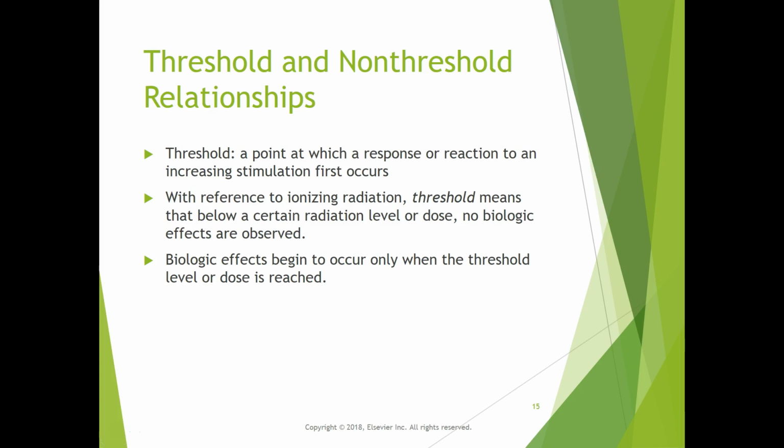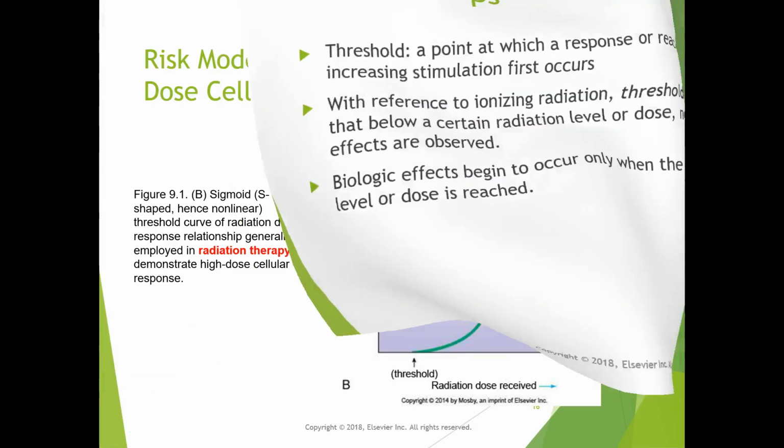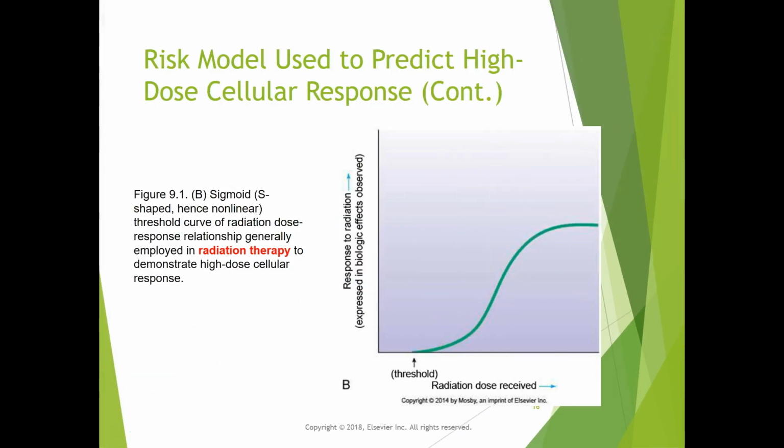Okay, the threshold means, in reference to ionizing radiation, that a certain radiation level or dose can be absorbed and no biological effect is observed. Okay, the next curve that we're going to be looking at is the sigmoid or S-shaped nonlinear curve. It does have a threshold.